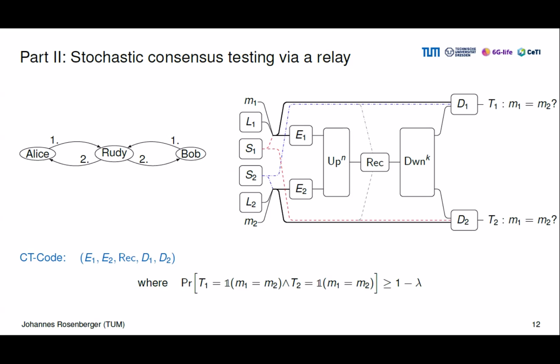So we assume that the randomness is shared between one encoder and the other decoder. And the shared randomness S2 is shared between the other encoder and the first decoder. And they could be correlated. So there can be a common part, which is then also shared between both encoders. I just try to have a relatively general form of connections for the shared randomness.